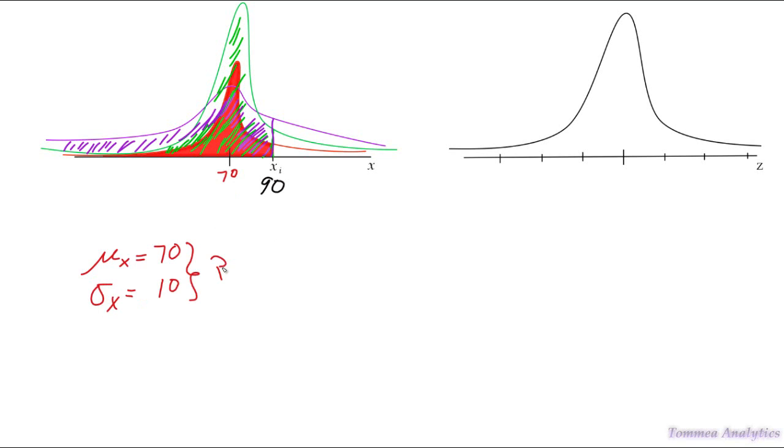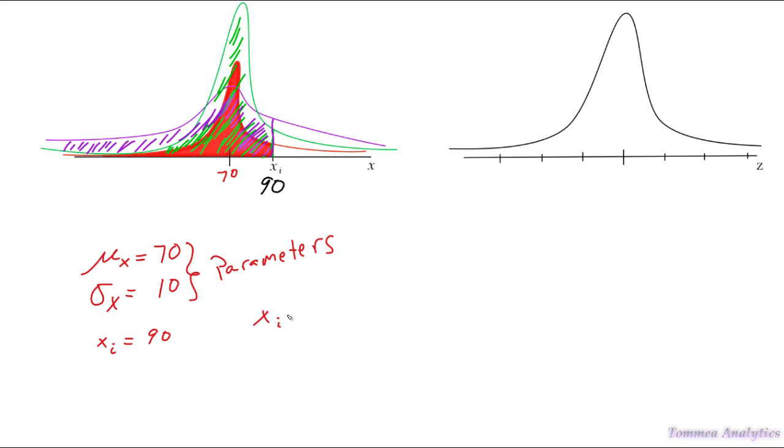And again, these two numbers here are called the parameters, and they are very important numbers because they essentially define the shape of the distribution. And then we take the observed value x sub i, which we said was 90. We take these three values and we do the following.